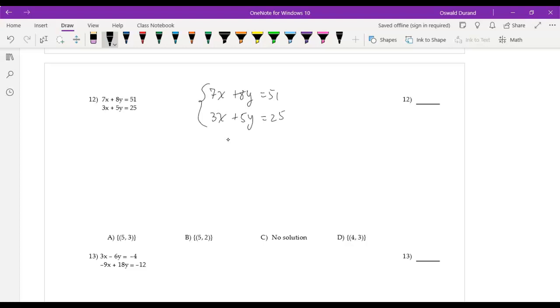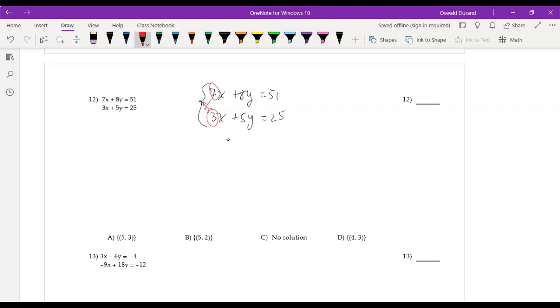Same thing with 5 and 8, they're not factors of each other. So all you have to do here is to use their coefficients, which are the 3 and the 7, if you want to cancel out the x term. And you can do it with any of them also. You take their coefficients and you kind of cross multiply.